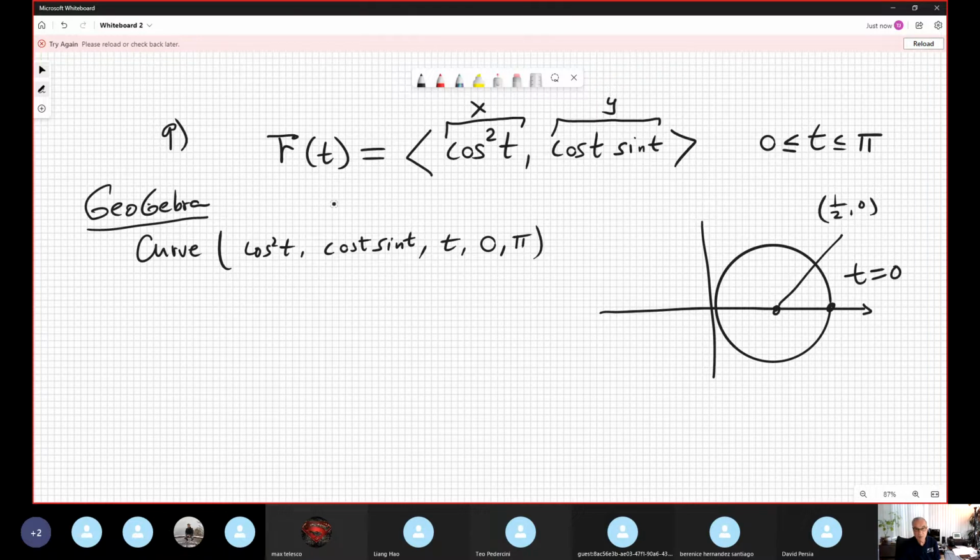The x component, cosine 0 is 1, squared is 1. And y is cosine 0, which is 1, but sine 0 is 0. So this is the point 1, 0. Do you see? And you can generate point by point. I encourage you, try pi over 2, which is here.